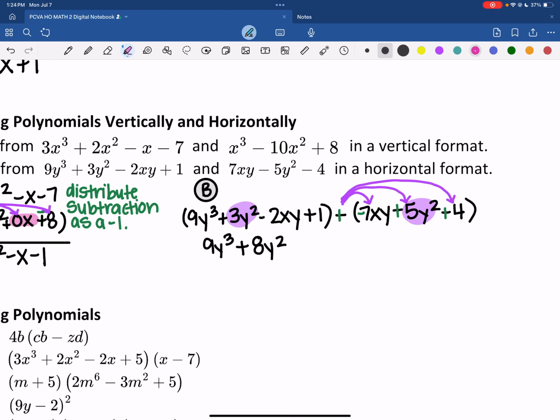All right, then I have xy, so that's negative 2xy, and now it's negative 7xy, so that's going to make it minus 9xy. And then finally I have a 1 and a positive 4, so that's going to be plus 5. So whenever you have subtraction, you can always convert subtraction into addition. Just distribute the subtraction sign as a negative 1.